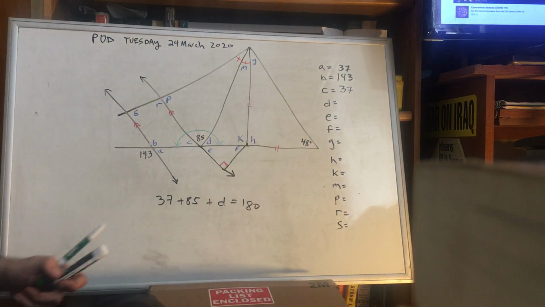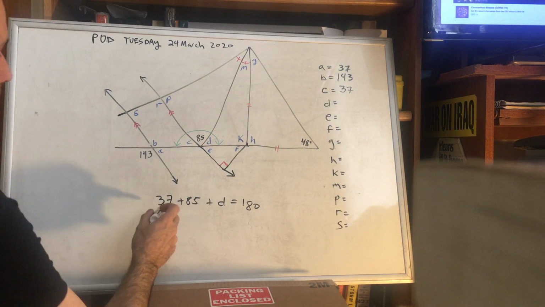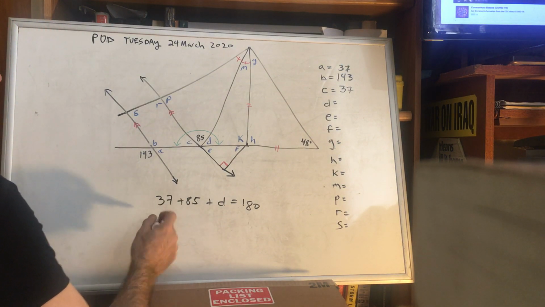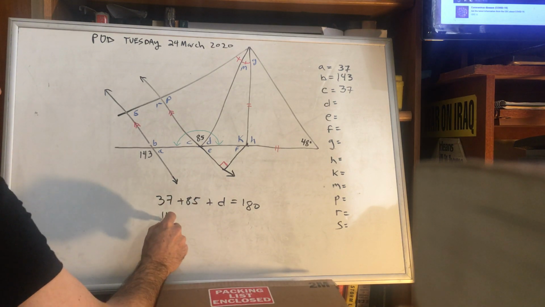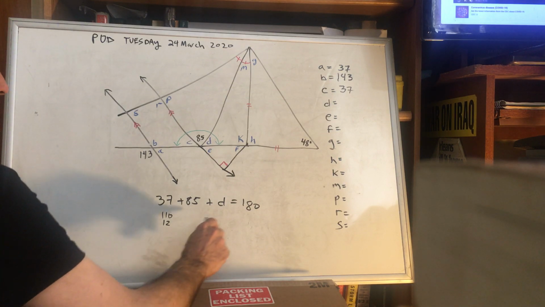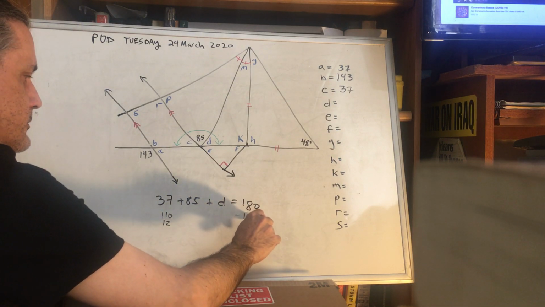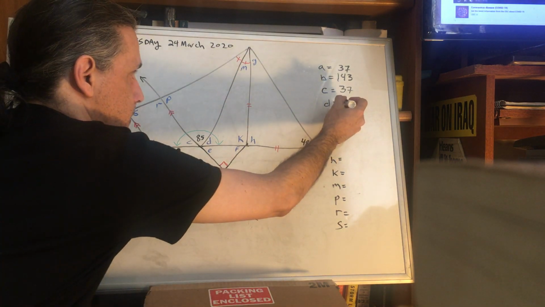I'm grabbing an eraser. Alright, so, I'm doing this in my head. 30 plus 80 is how I do it in my head. That's 110. And then 7 plus 5, that's 122. So then we subtract 122. And so D appears to be 58.